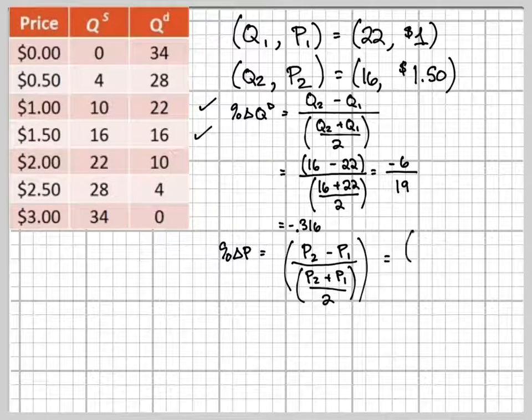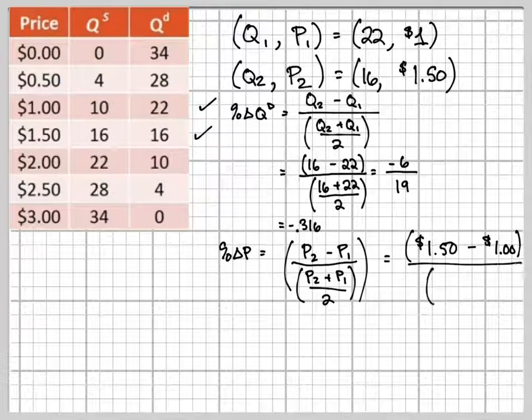So this is $1.50 minus $1 divided by $1.50 plus $1 divided by 2.